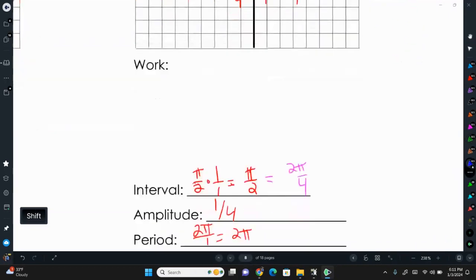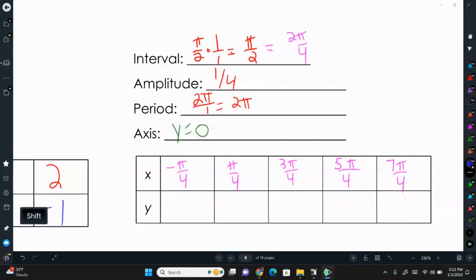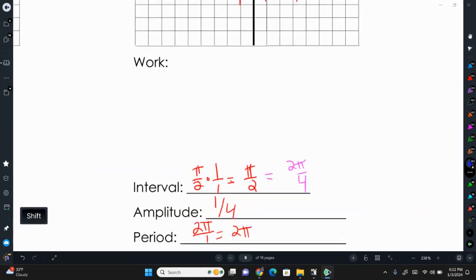So negative pi over 4, our y value, since this is a positive sine value, we start at the midline, then we go up to 1/4, down to the midline, down to negative 1/4, and then back up to the midline.